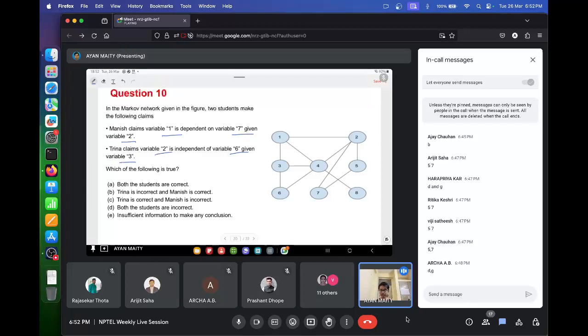So this is an undirected graphical model. Harapriya chooses option B.